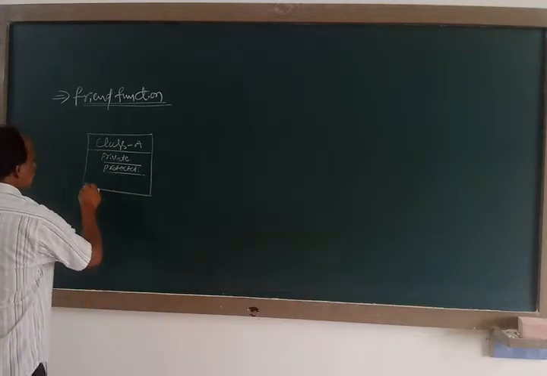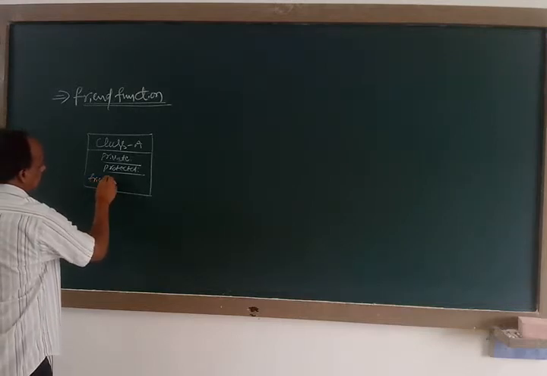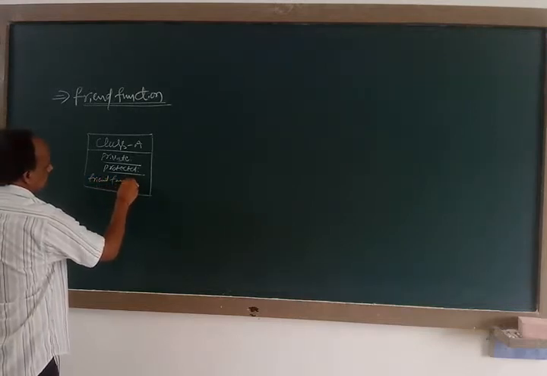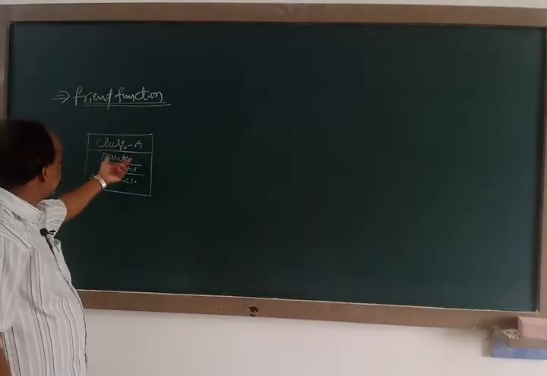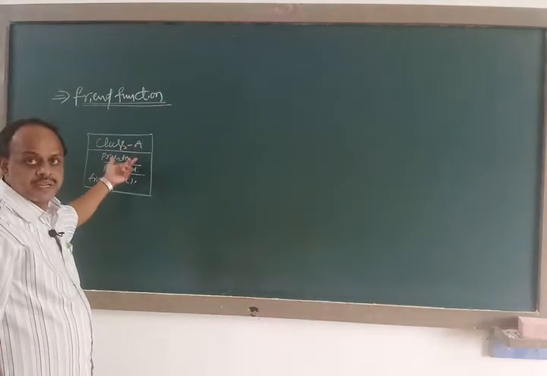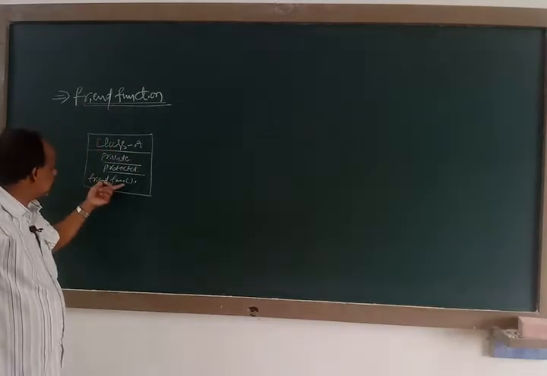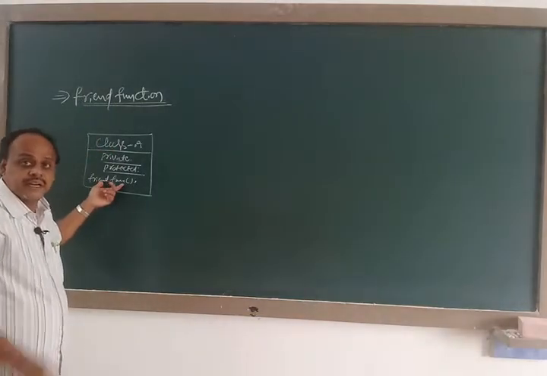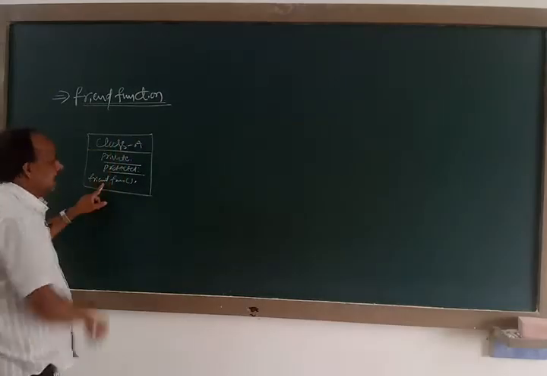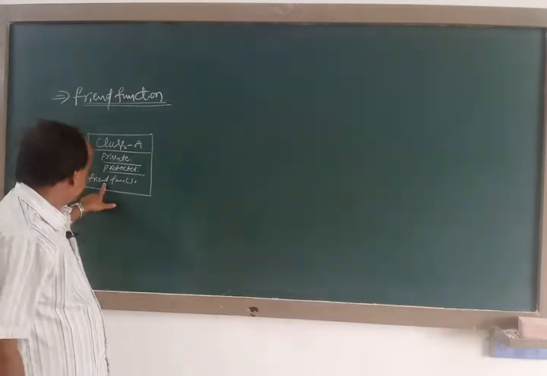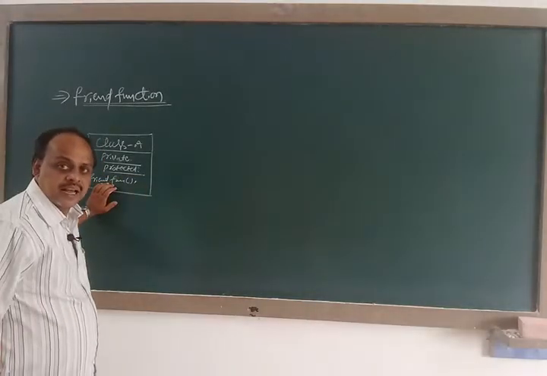And it has a special function called friend function. In the class we declare some data members under private and protected mode, and this class A also has a function called friend function. It is not a member function, which means this function does not belong to class A. Even though it is declared in class A, it is not a regular member function of a class.